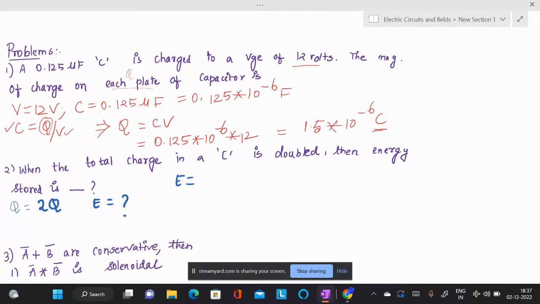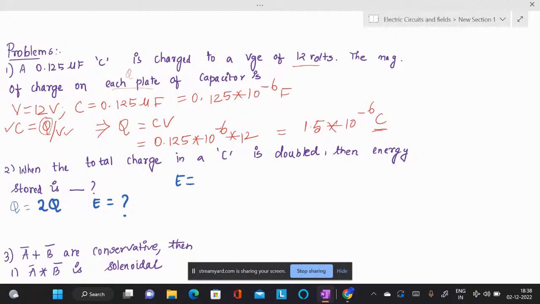Any guess on the answer for the second problem? Second problem: if the charge on a capacitor is doubled, then the energy stored is doubled, half, no change, or what will it be? What happens to the energy stored?